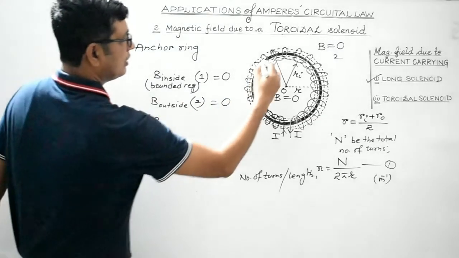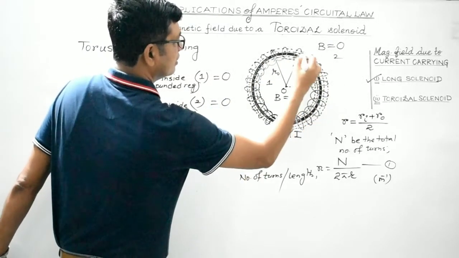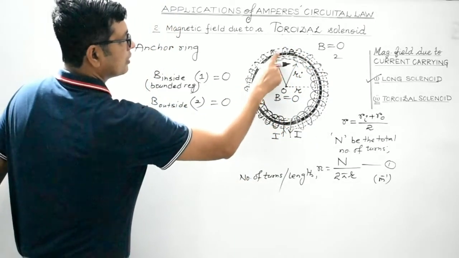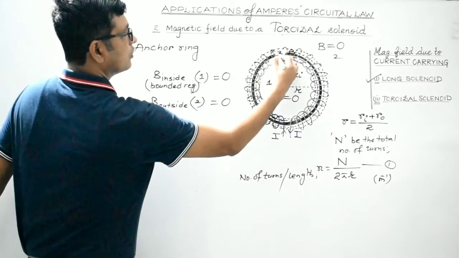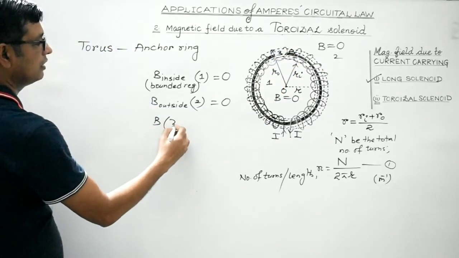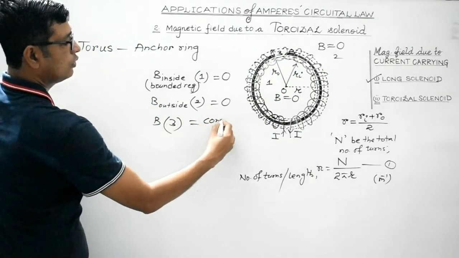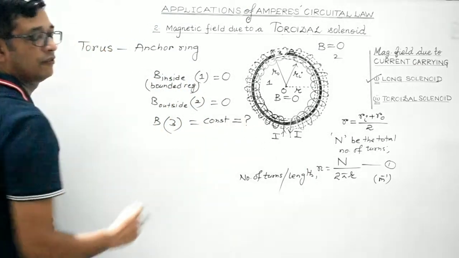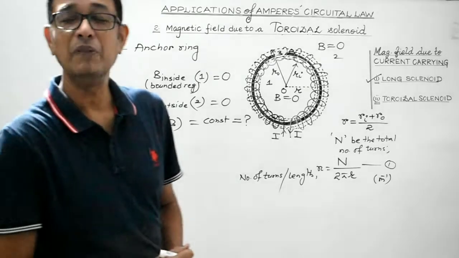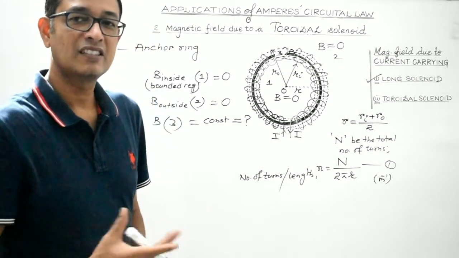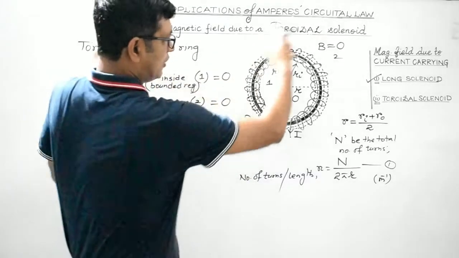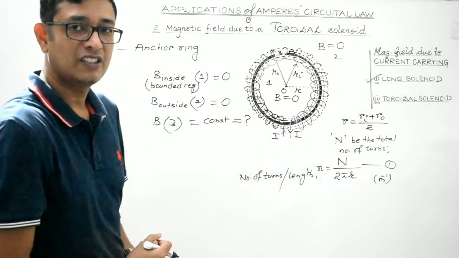And the magnetic field at any point inside, like here, suppose we consider this to be region 3, inside. So the magnetic field in region 3 will be equal to a constant. And we are going to find the expression for this magnetic field by making use of Ampere's circuital law. So that's our objective, right? I hope you have understood this concept, isn't it?